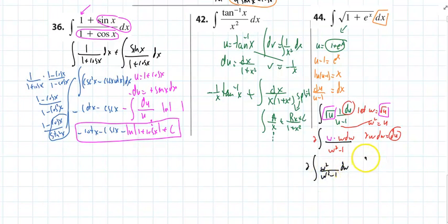I have to use long division. And this would be twice the integral of 1 plus 1 over w minus 1 times w plus 1. And guess what? You could do partial fractions on this and figure that out. Don't forget to substitute w back into u, and u back to 1 plus e to the x.